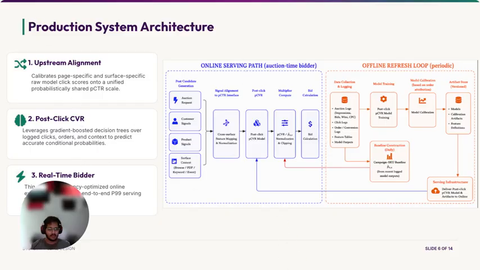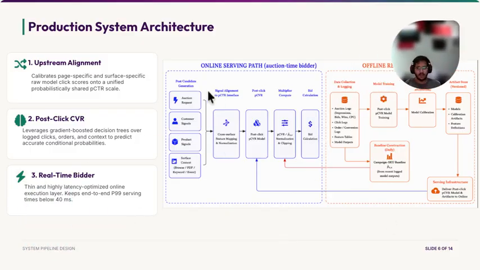In terms of our actual implementation, in our production system, when a real-time auction takes place, a set of contextual features are used to predict the post-click conversion ratio, leveraging a pre-trained lightweight gradient boosting model. This is then normalized by the cached n-day aggregate, which is updated at a regular cadence offline.